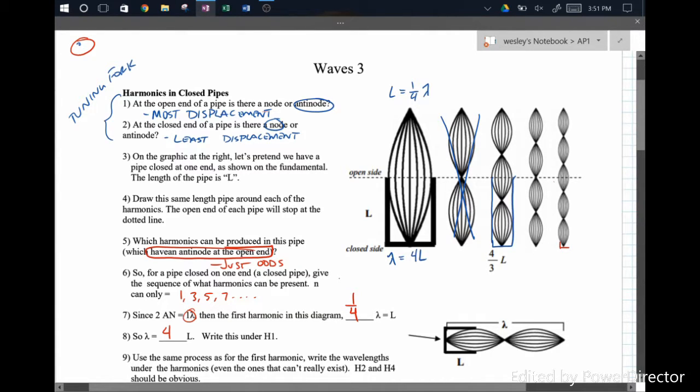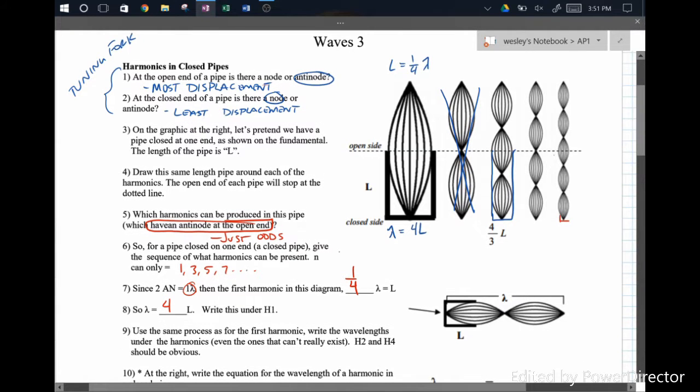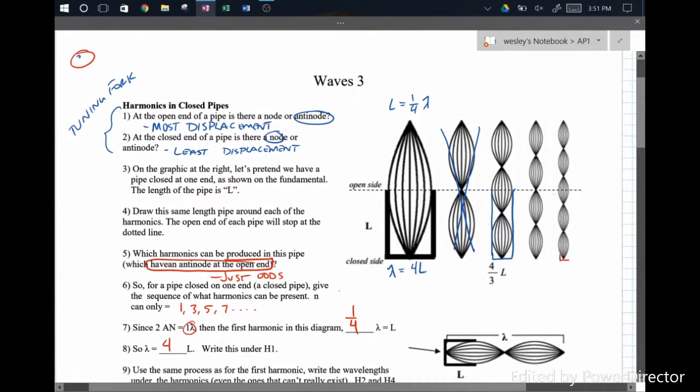So let's see what goes on here. Since we don't get a harmonic for that, I don't care about it at all. But that's a full half of a wavelength. Here I have 1/2 and 1/4 wavelength. That gives me L is equal to 3/4 lambda.